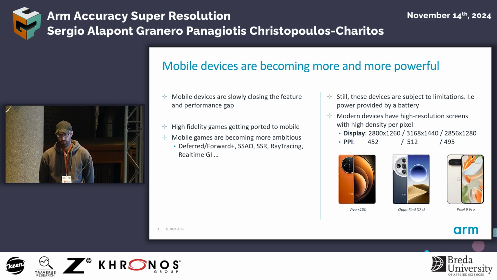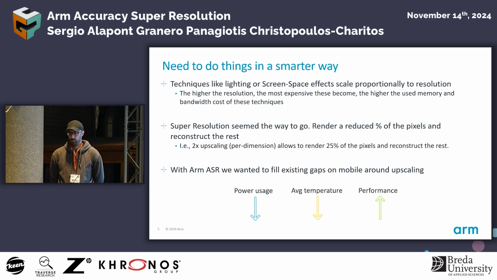The reality, though, is that we're talking about very small devices that are running on a battery, and this will always be an inescapable limiting factor. Furthermore, smartphone devices tend to have really high resolution screens and really high pixel density. So we need to work smarter in order to keep the frame budget and power consumption under control.